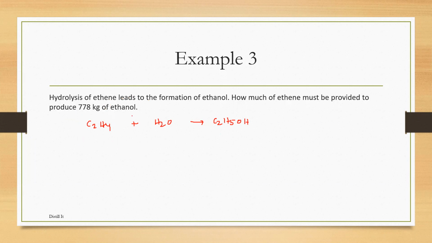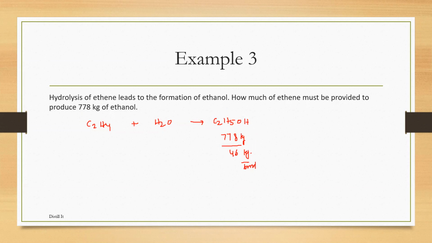So as I told you, we have to always take moles first of all. So we have 778 kg ethanol, which implies 778 upon the molecular weight of ethanol. That is 12 into 2 plus 5 into 1 plus 16 plus 1. That is 46 kg per kilomole.